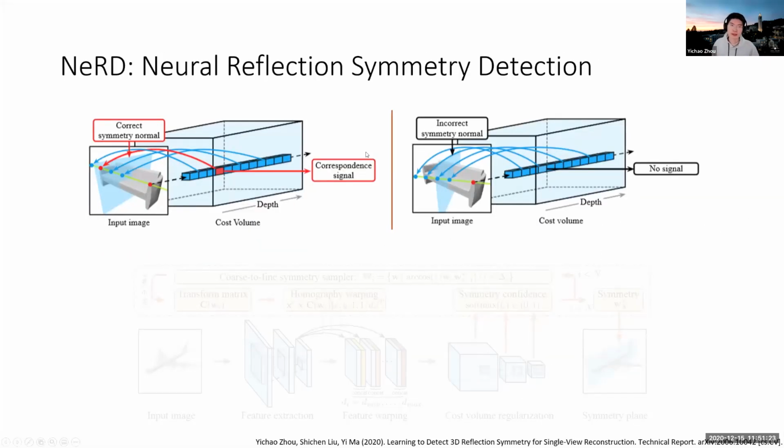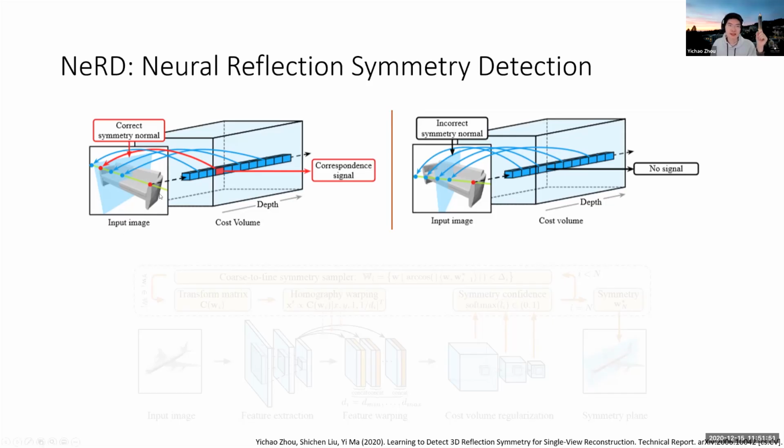So how do we do that? Once you know that there is a vanishing point in the image for the symmetry, for each pixel we can draw a line connecting this pixel and the vanishing point, right? What we know is that its corresponding point must be on this line if the normal or the vanishing point is good.